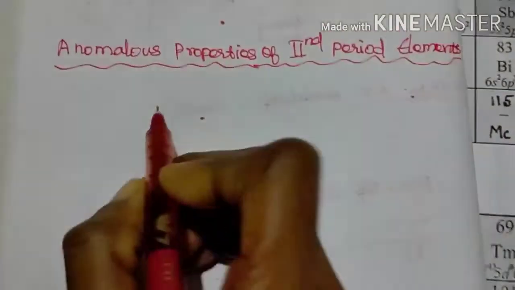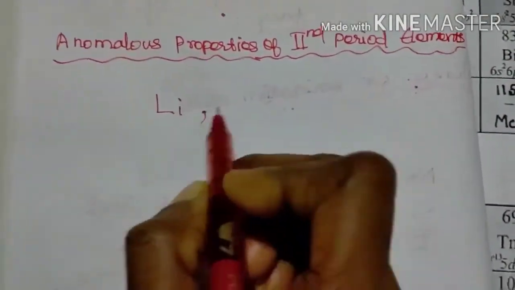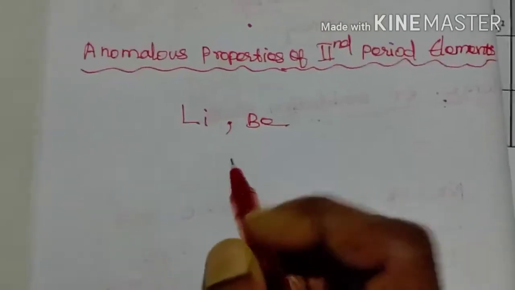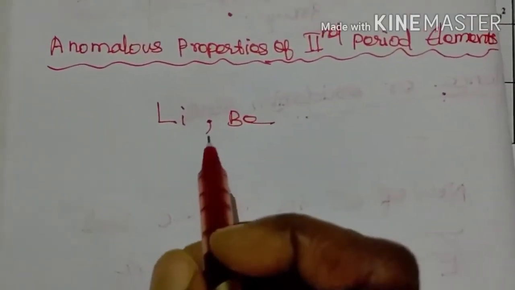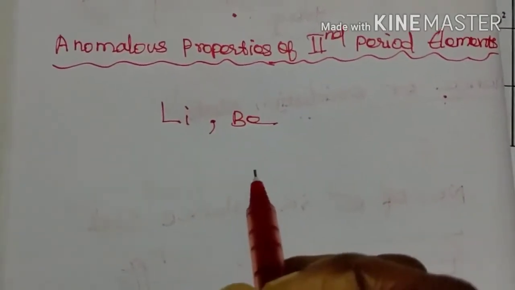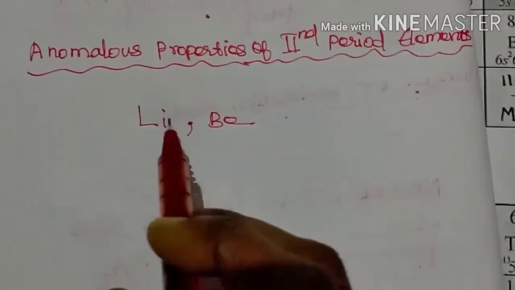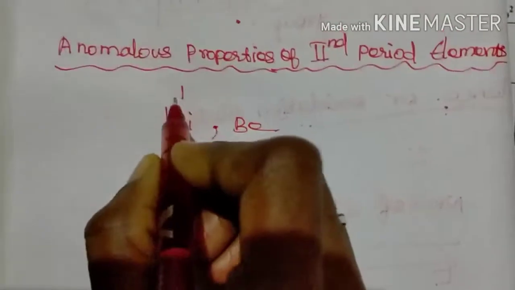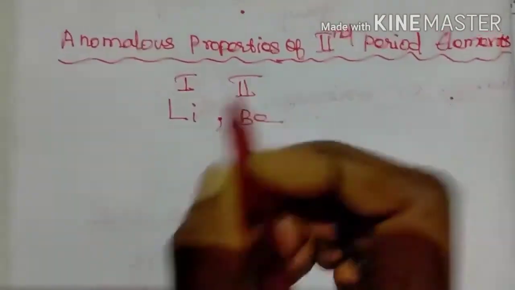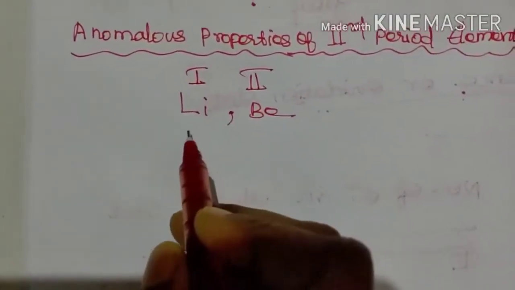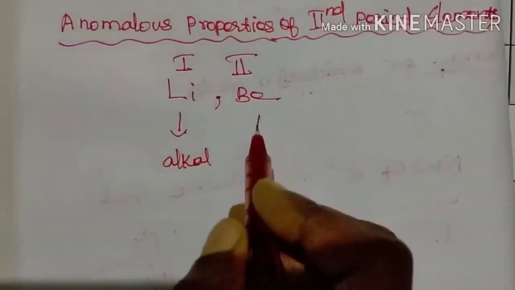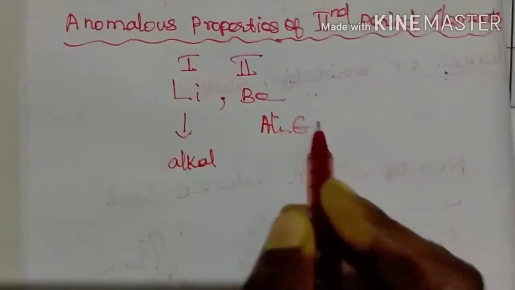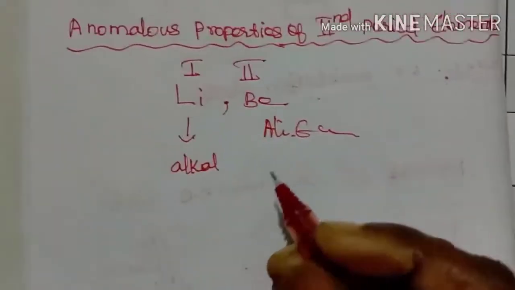For example, we can take lithium and beryllium. Both are in the second period, lithium in the first group, beryllium in the second group. Lithium is a first group element, an alkali metal, and beryllium is an alkaline earth metal.